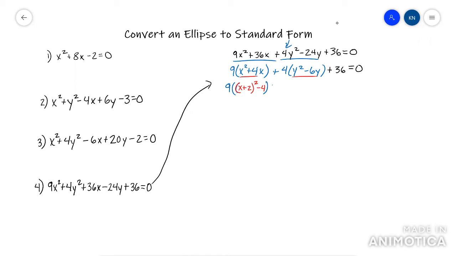And the second one, complete the square and you get y minus 3 squared minus 9. Okay, now you have to redistribute those lead coefficients, so it's going to look like this.